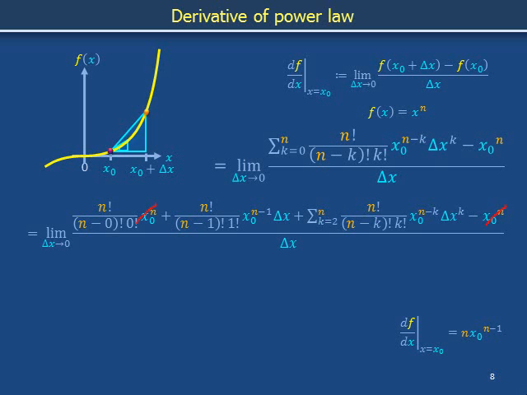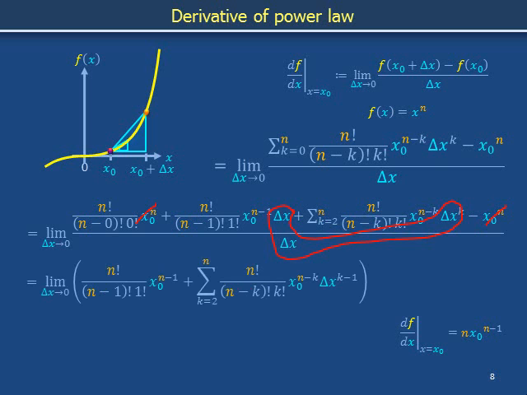Cancel the first term and the last term, which are plus and minus x naught to the n. Recall that 0 factorial equals 1. Divide all remaining terms in the numerator by the common factor of delta x in the denominator. This means that the kth power of delta x in this red marker loop becomes the k minus first power of delta x in the next line.